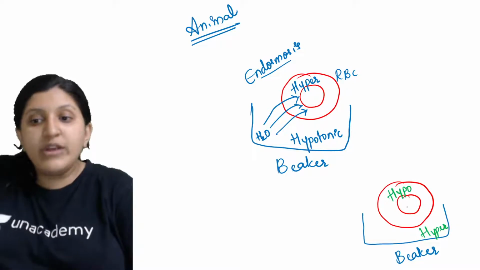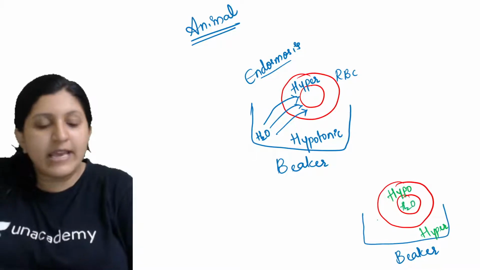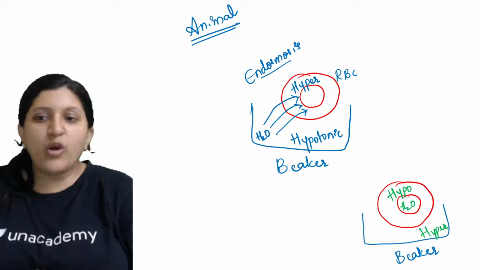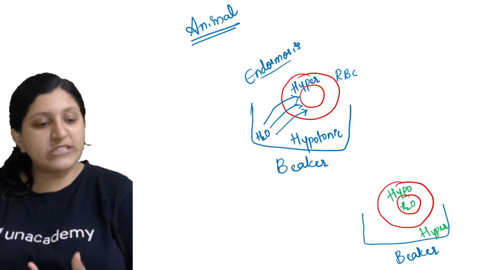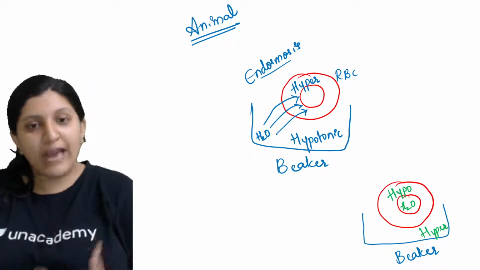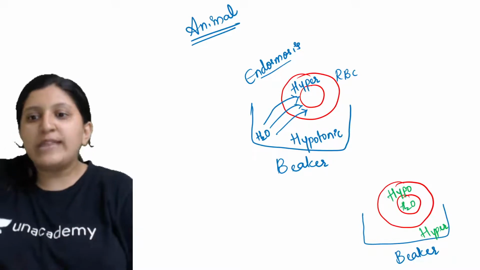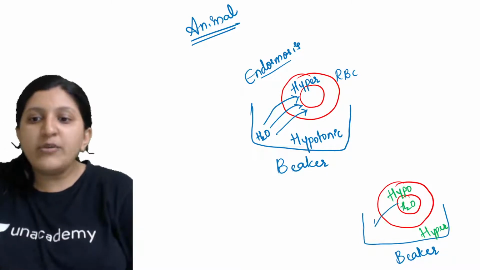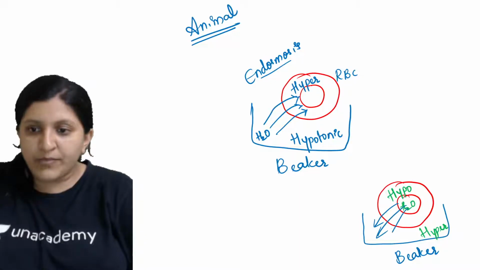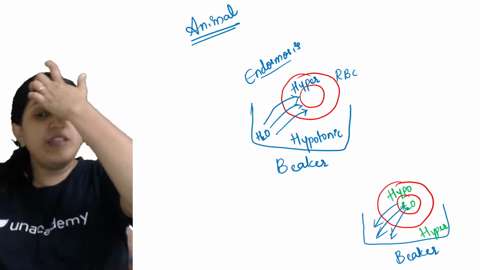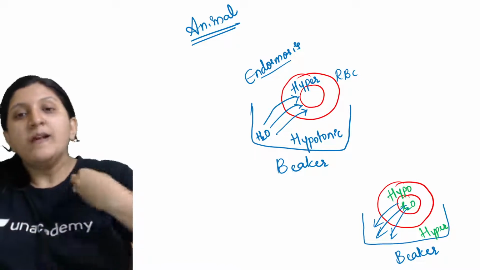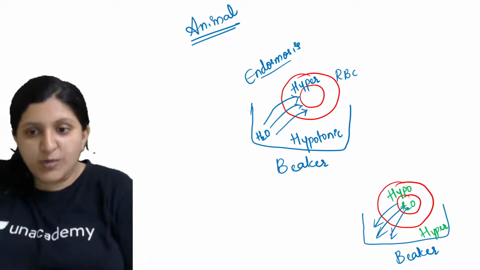Now the water inside, you always know that water will move from the region of higher concentration to the region of lower concentration. So the water will start to move out, and because of the water movement there is an exosmosis process.